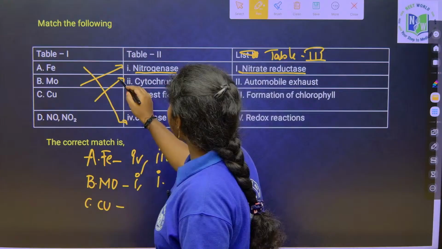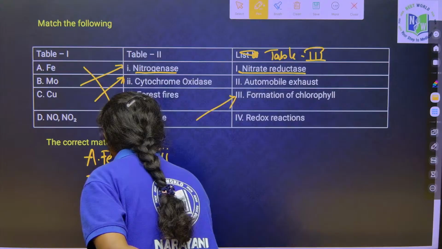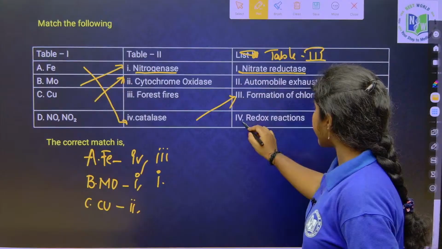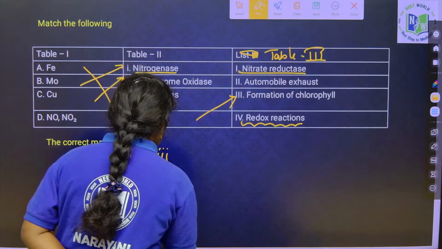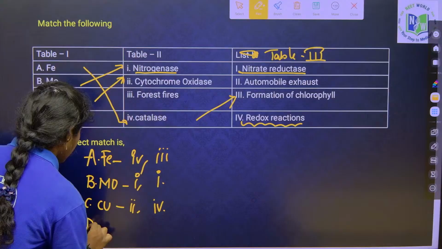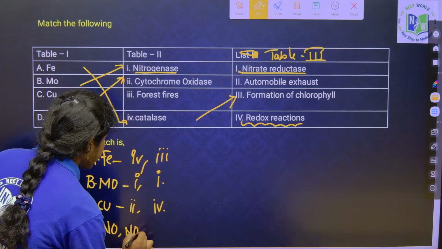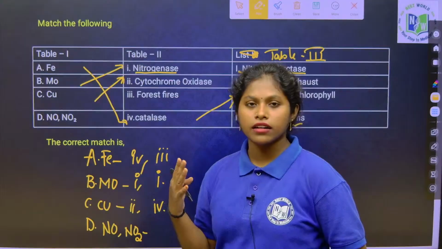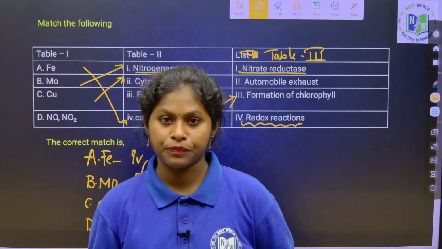So copper is a main element for the electron carriers like cytochrome oxidase C, which means 2 is the option in table 2, and coming to table 3, the correct one is redox reactions. In the redox reactions. So here 4 is the answer. Coming to D, nitric oxides and nitrate oxides. While we are studying the nitrogen cycle, students, naturally nitrogen fixation is also happening, right?